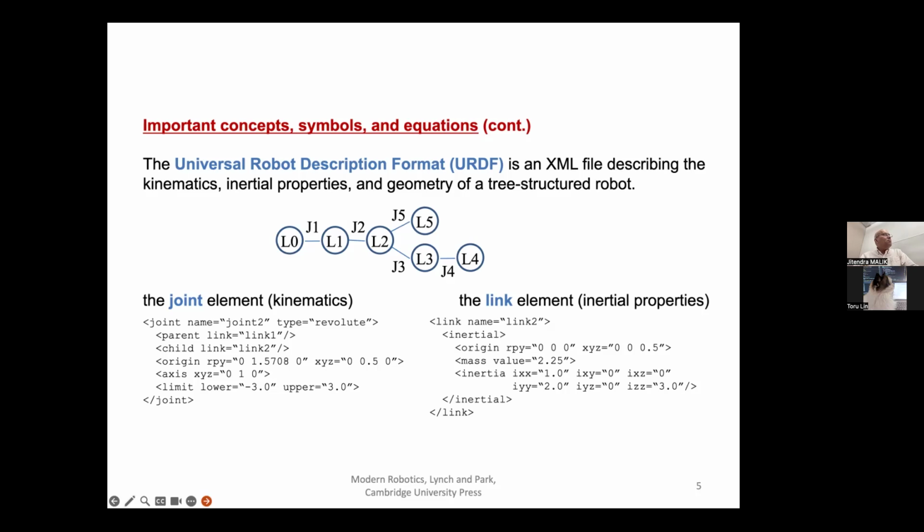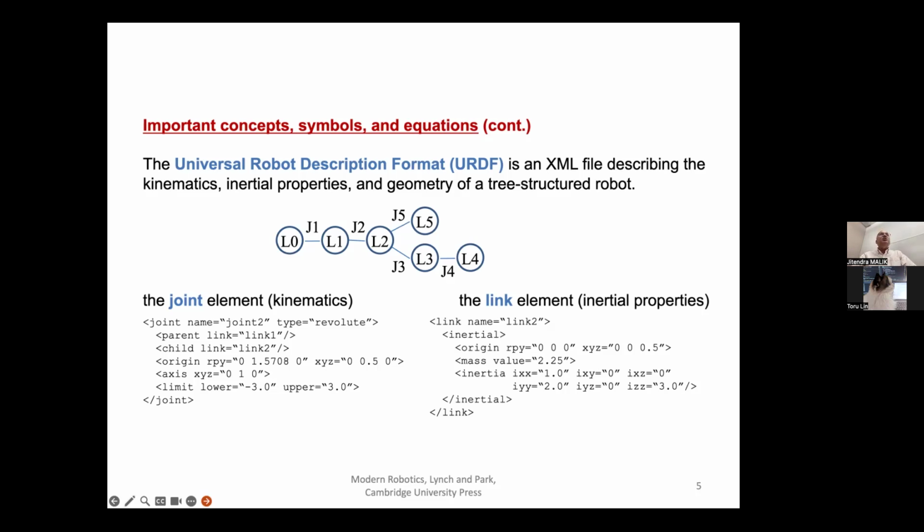There's a second part on the right, called the link element, and it refers to inertial properties. Inertia here means inertia of movement. So basically we're talking about physics: F equals ma, torque equals I times omega. If you notice what's being described there, there's the mass of the robot link in kilograms or whatever.